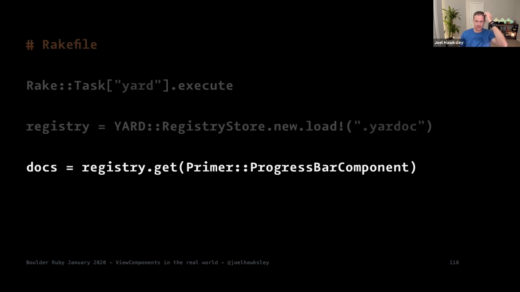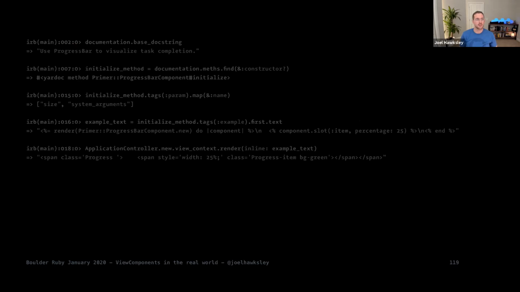But from there, we can take that object and you just pass in a class name to it, and it returns a docs object. So let's look at the docs object. I think I actually call it documentation in this example now. The first thing you can look at, there's a base doc string method, and that has that description that we wrote about the class. It also has data on every single method in the class.